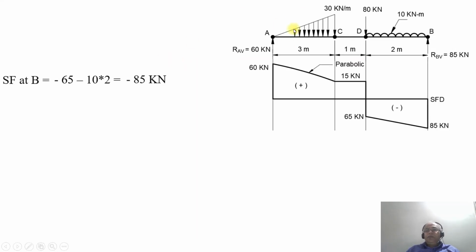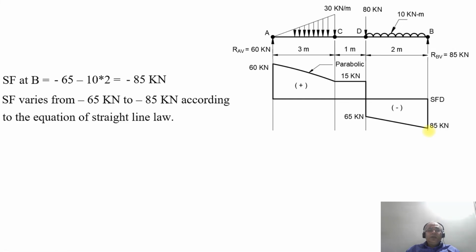So when you are considering from D to B, from minus 65 kilonewton, SF at B further drops to minus 85 kilonewton. So join between these two by means of a linear line, because it is W into X, where the power of X is 1.